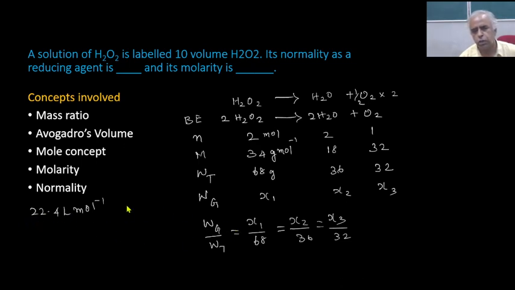So from this we can calculate, because it is given as volume. So in that case, now 22.4 liter, that is the Avogadro's volume, and the given volume, we can put Vg. So Vg is 10 liter. Okay, so from this we can calculate the mole or the weight, right?